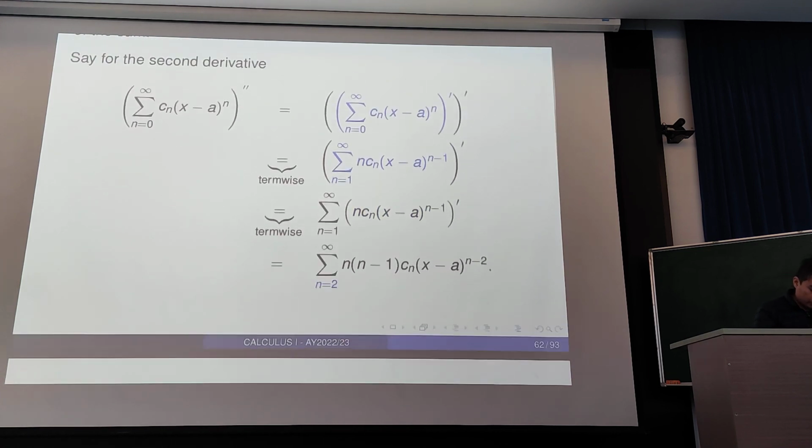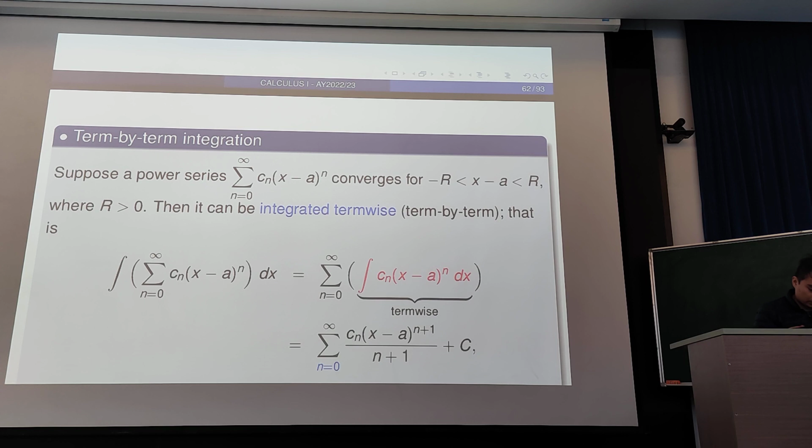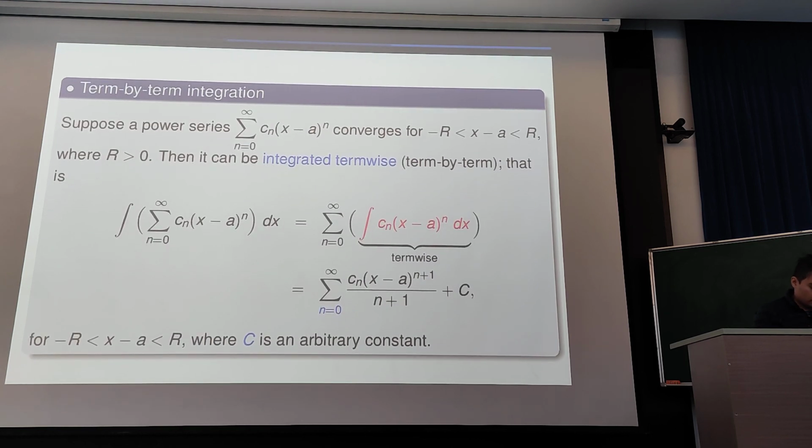And now we will see the very similar result for the integration. Okay. That means now you can integrate the convergent power series to get a new series. We suppose that the given series converges for this radius, for this interval of convergence. Then it can be integrated termwise.